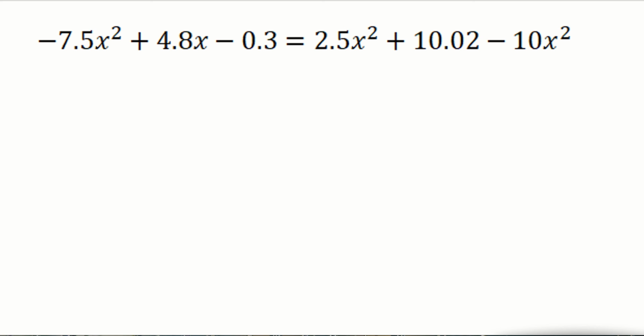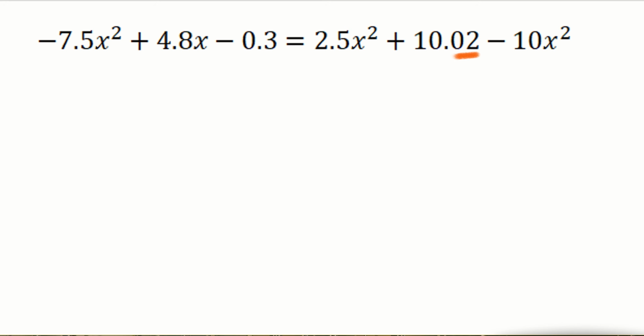All right, let's consider this equation. Certainly a mess, and I think I'm going to use almost the exact same technique as the last problem, except this time instead of multiplying by 10, I'm going to multiply by 100, because if I multiply this by 100, it would cease to be a decimal.